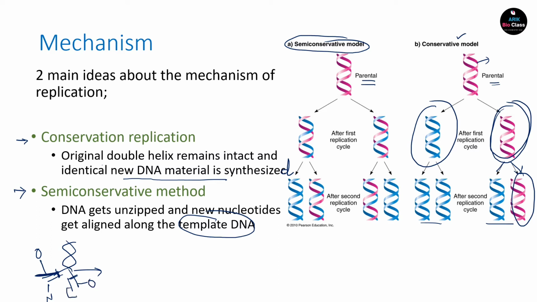Then this will get separated, and as you can see, two DNAs are formed, where you have one original strand and one, the blue one, is the newly constructed strand. The same process will go on further. So this is the semi-conservative method, where half the DNA is conserved as template and half is newly constructed. This is the most accepted method.